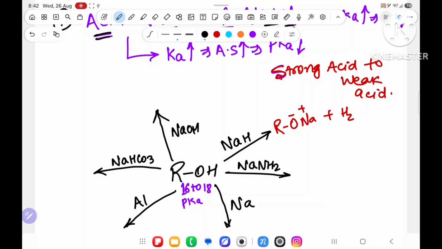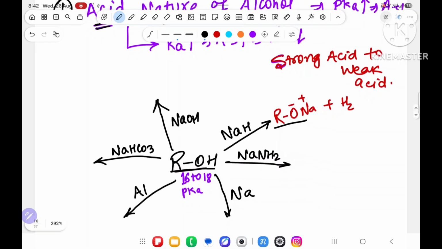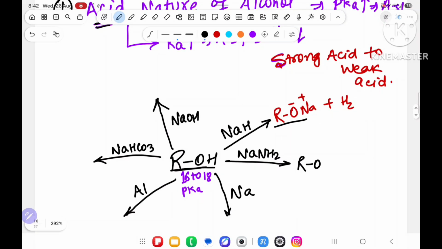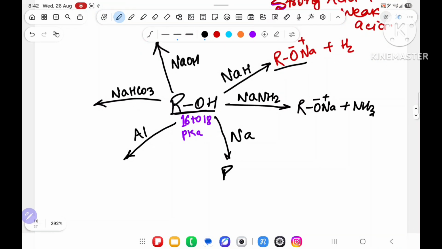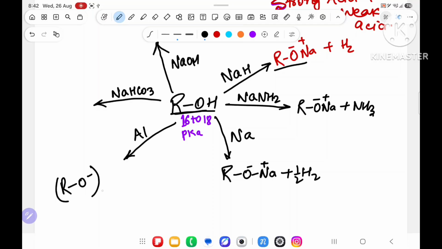Yes, it is a strong acid, it is a weak acid, so the reaction will happen. Over here again RONa plus NH3 will go outside. Over here RONa plus half mole of H2 because no hydrogen is there. Over here, in place of Na, aluminum is there, but aluminum has 3 valency.